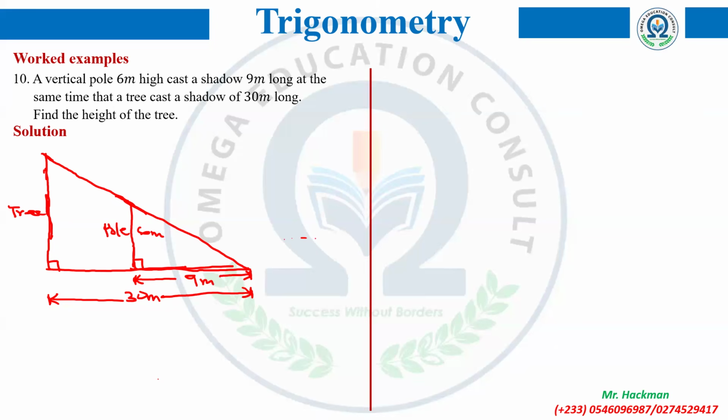Yes, please. Oh, let's see. If the tree, this is the tree, if its shadow ends here, and the pole, its shadow ends here, where the two shadows are ending, are they the same? No, please. So that's why I said they all have the same ending in terms of their shadows.